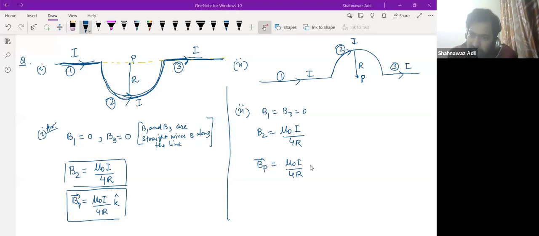If it is going in this way, then it is outward. If it is going in this way, we are getting the inward direction. Okay, so this is inwards, meaning the minus k direction.